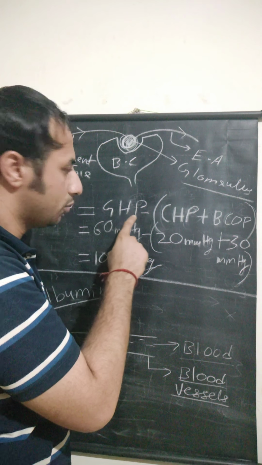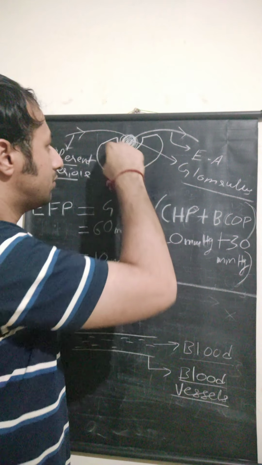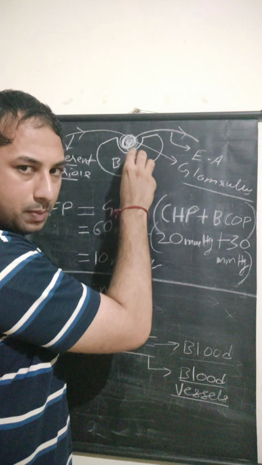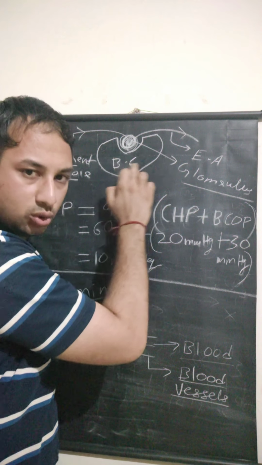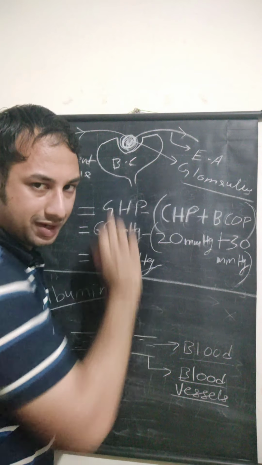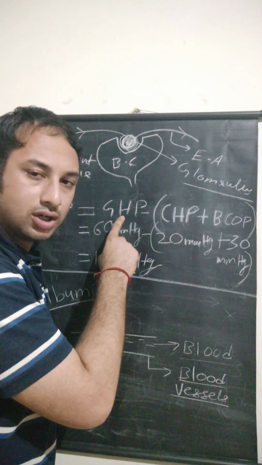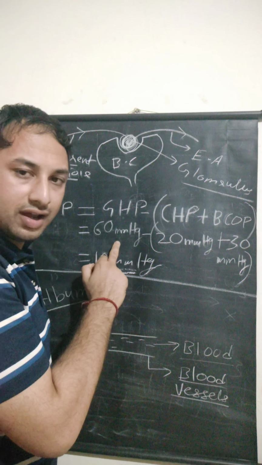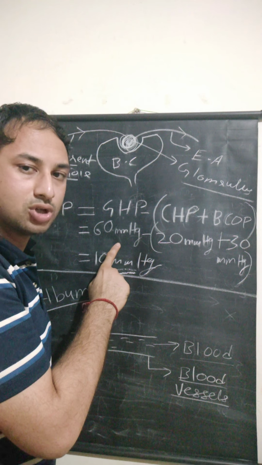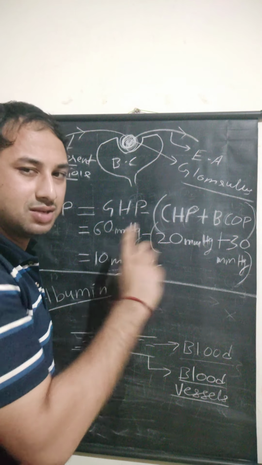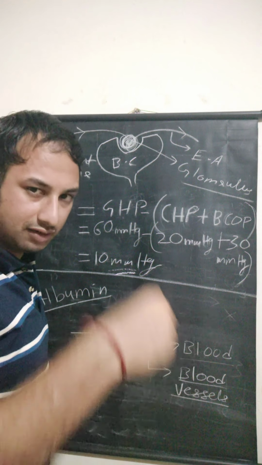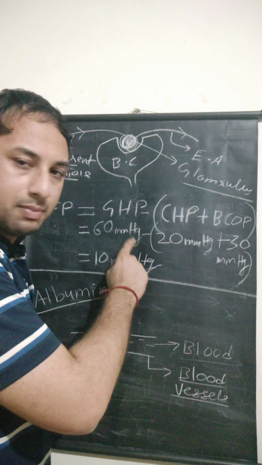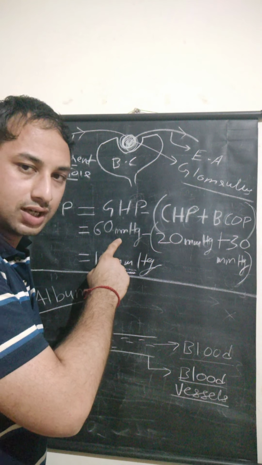That is called glomerular hydrostatic pressure. Clear up to here? The value of glomerular hydrostatic pressure is 60 mmHg, though it can vary, which we will study in higher classes, but for now this is enough.